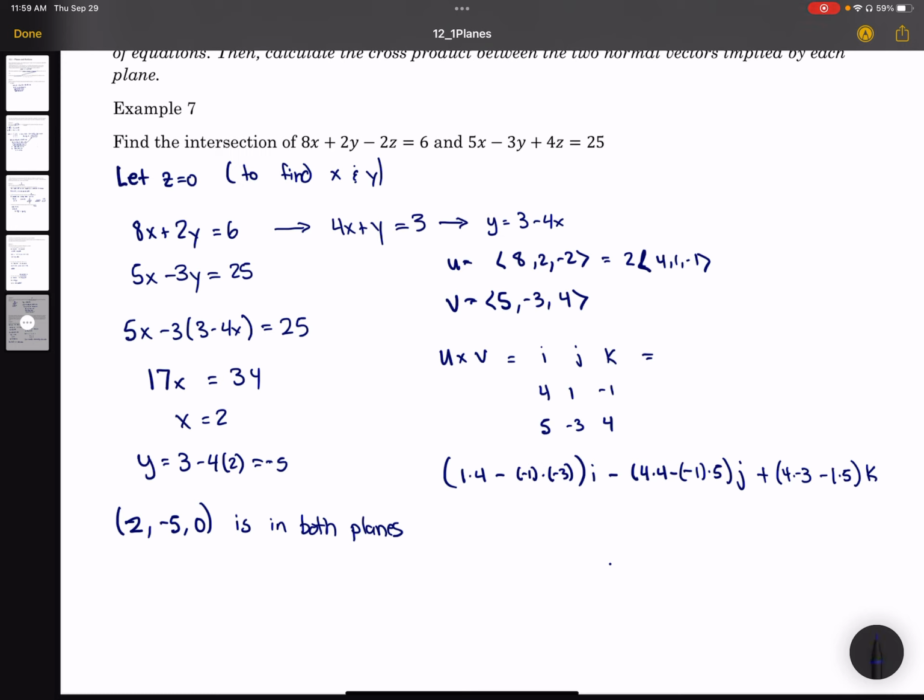So 4 minus 3 is 1. So we get i, and then 16 plus 5 is 21, so minus 21j, and then 4 times negative 3 is negative 12, so minus 17k.